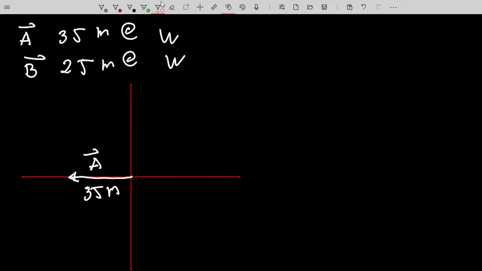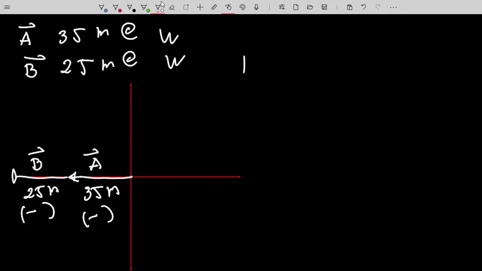And your vector B is also going to the west direction, which has a value of 25 meters. Now we know that our vector A has a negative sign because it goes in the west direction. And the sign of your vector B is also negative because it goes in the west direction. Now again, whenever we have two vectors running in the same direction, we are just simply going to add them.